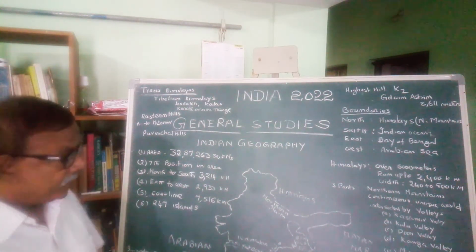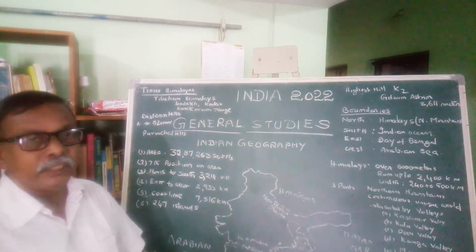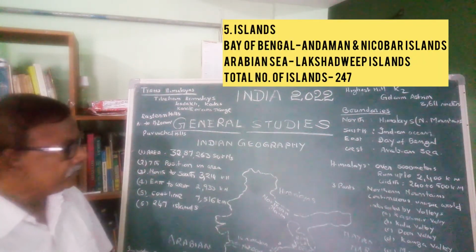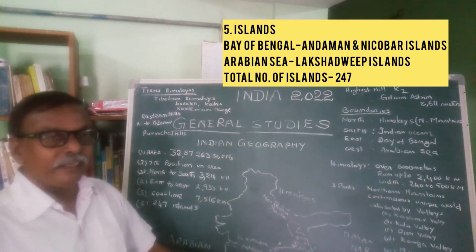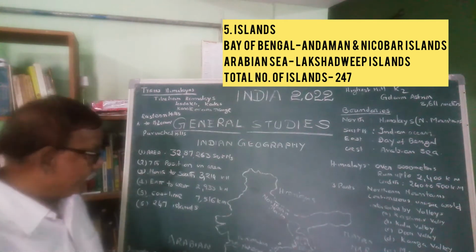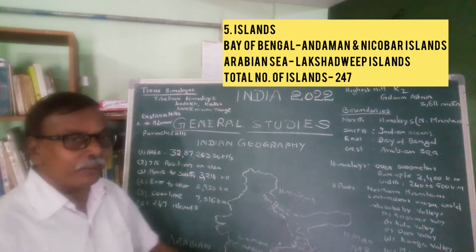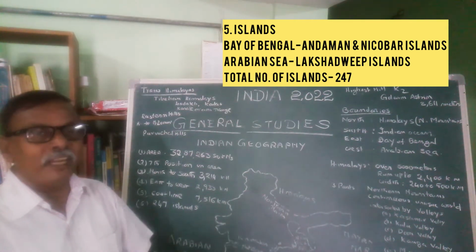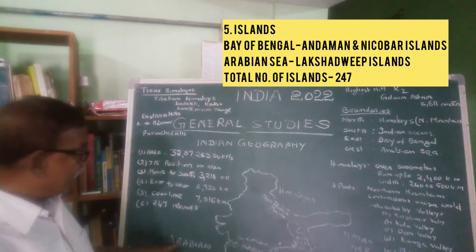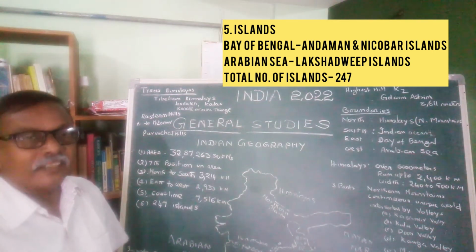And the next part of the geography is called islands. A number of islands are distributed in the Bay of Bengal and also in the Arabian Sea. The islands in the Bay of Bengal are the Andaman and Nicobar Islands. The islands in the Arabian Sea are called the Lakshadweep.